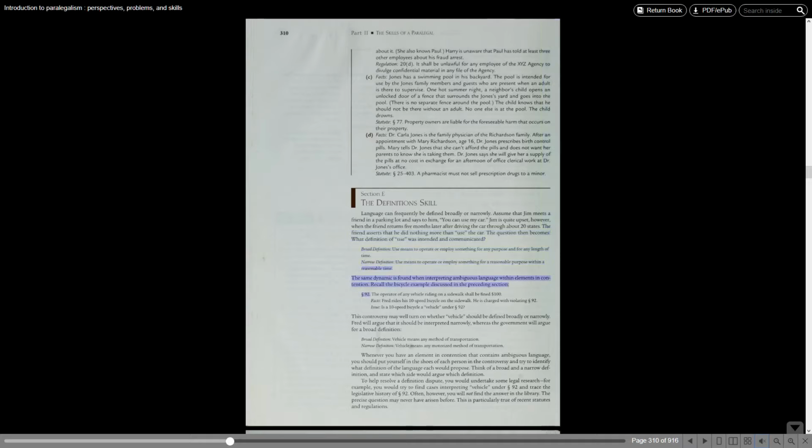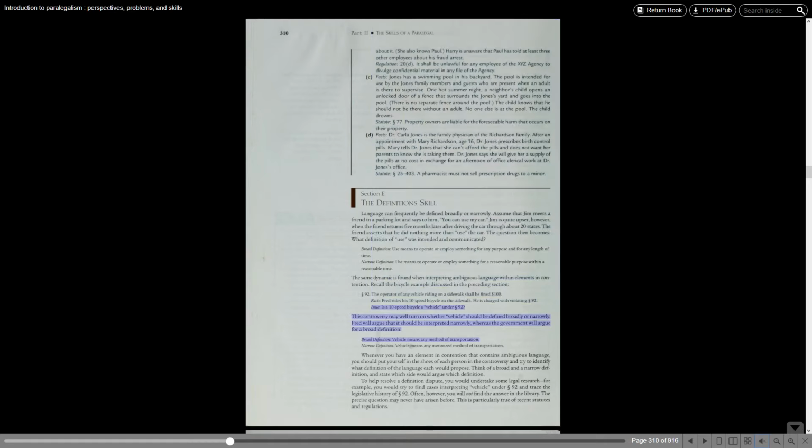The same dynamic is found when interpreting ambiguous language within elements in contention. Recall the bicycle example discussed in the preceding section. 92. The operator of any vehicle riding on a sidewalk shall be fined $100. Facts. Fred rides his 10-speed bicycle on the sidewalk. He is charged with violating 92. Issue.